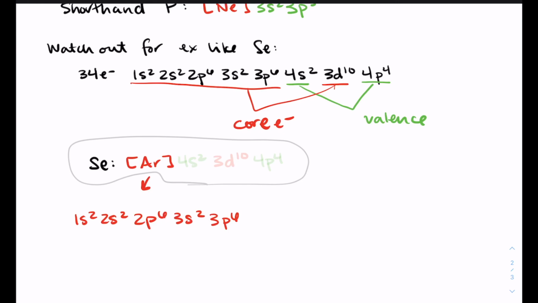So after argon, I have to list 4s2, 3d10, 4p4, out of which only the 4s2 and the 4p4 would be considered valence electrons. So in general, for most of the smaller atoms, the things we're going to see, it's valence electrons that occur after the shortcut piece, but it will not be 100% true, so be careful.